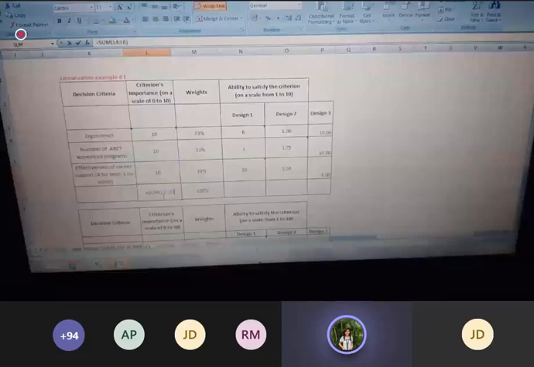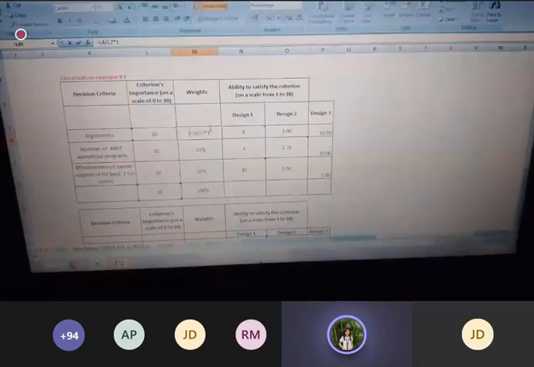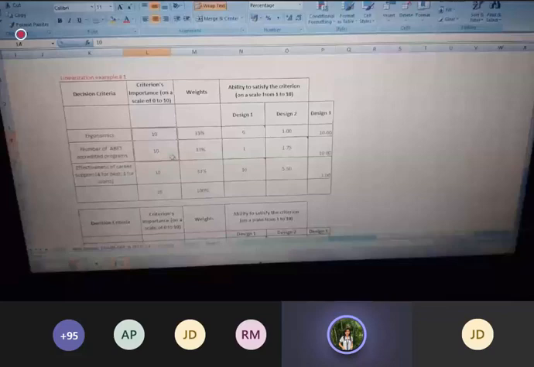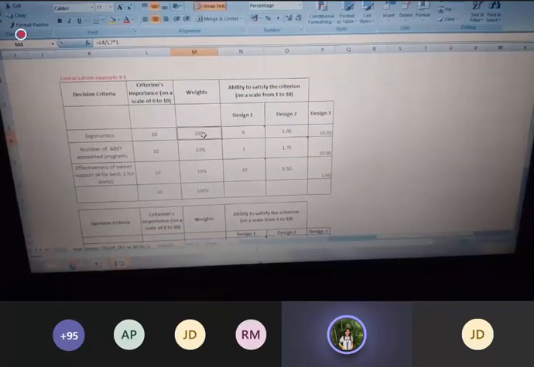So all in all, it's a 30. Then of course, the weights would be automatically given based on the average of this. You just need to divide that criterion by the summation of those. So you can get the weights automatically.